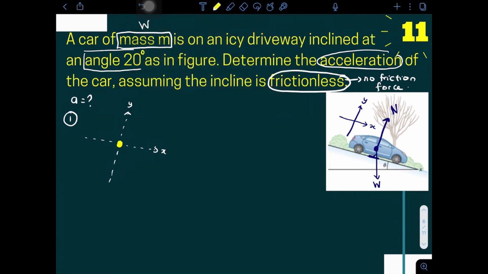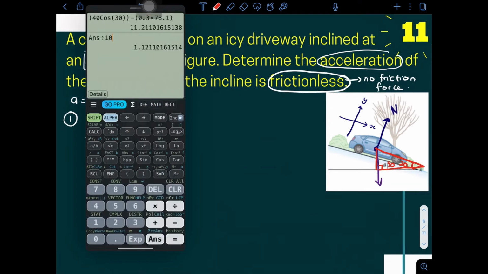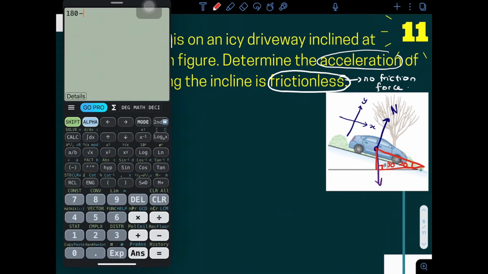Okay, so let's draw it. A dot for the object, W straight downwards, and normal on the positive y component. And then the angle over here is important. You have to draw it in your diagram. If you look here, this is a triangle. This is 20 degrees, here is 90 degrees. So you take out your calculator and calculate the remaining angle: 90 minus 20, so it is 70 degrees.